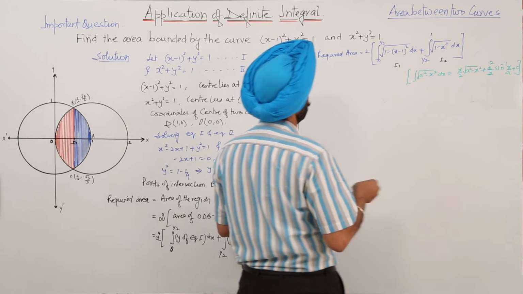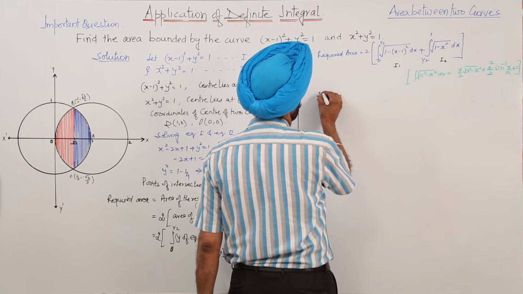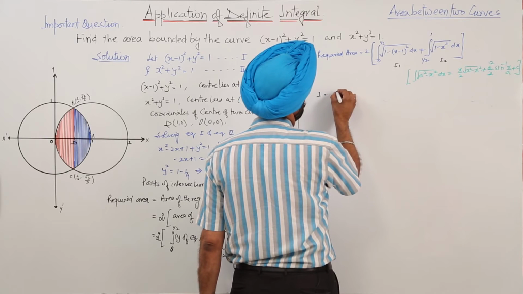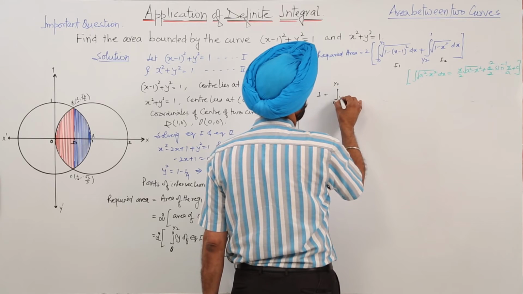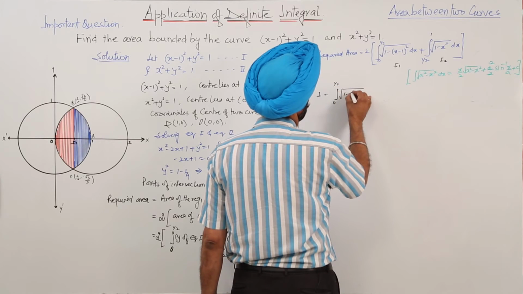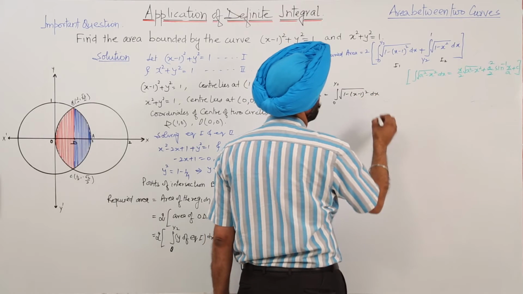Now let's solve I1. I1 is the integral from 0 to 1/2 of √(1 − (x − 1)²) dx.